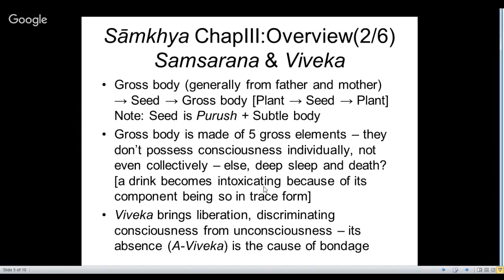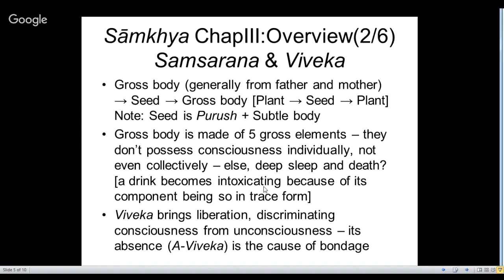He replies that no, you are not correct. Actually, at least one individual component will have some sort of intoxicating attribute, which is maybe in the taste form. So this is Satkaryavad, which we have discussed in chapter 1. If an effect has a quality, the cause has to have that attribute. So that is his philosophy.